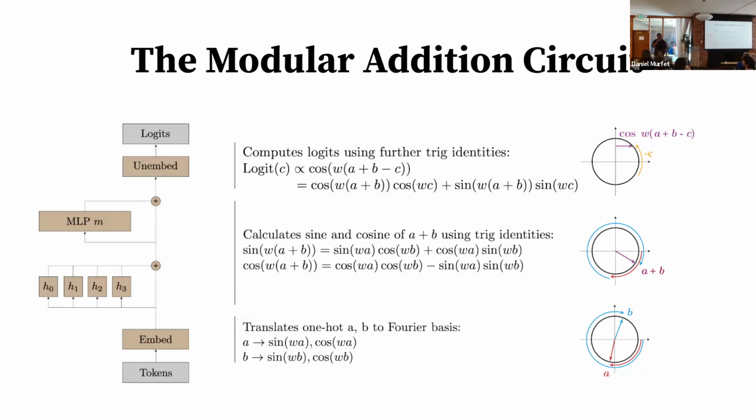Is the way to think about this that in the first layer you get a token A, and then the embedding vector is the embedding direction along the unit circle, something like cos of this thing and sin of this thing?